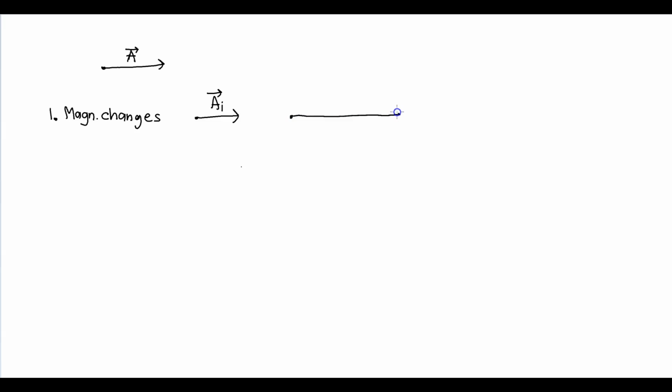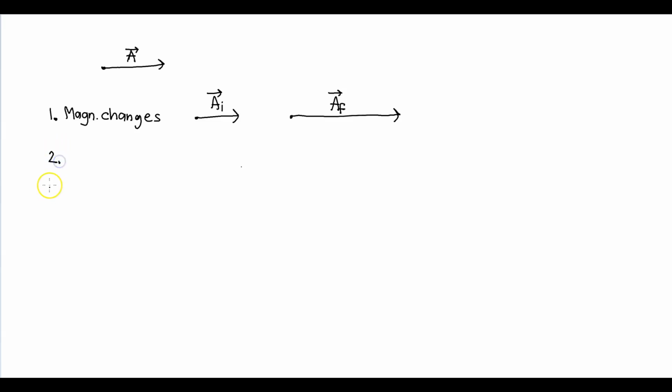Then, if it changes to A final, if the magnitude changes, becomes longer or shorter, then we say the vector has overall changed. Okay, so case one is if the magnitude of the vector changes.